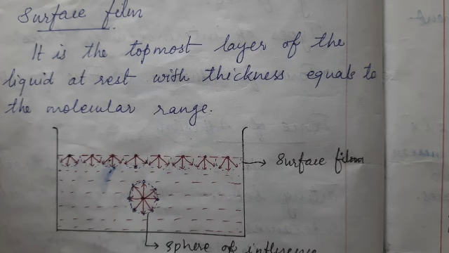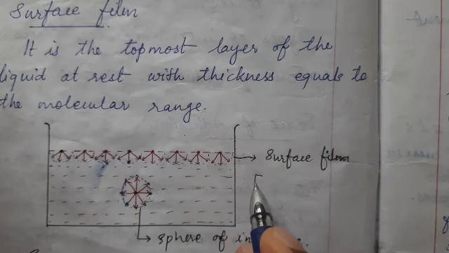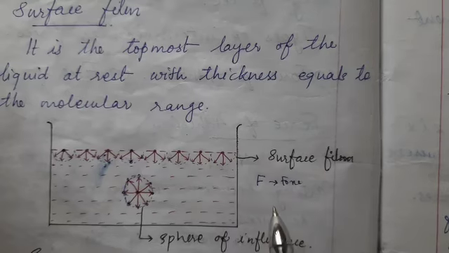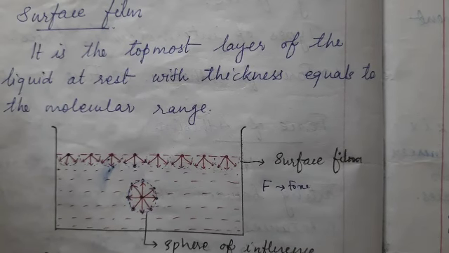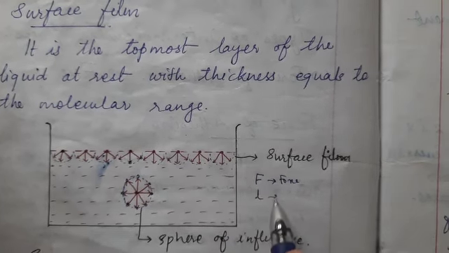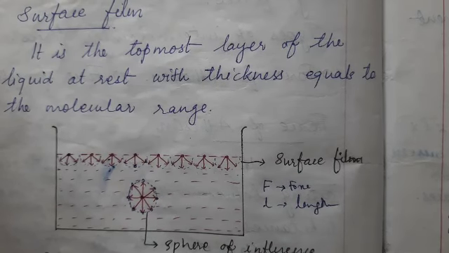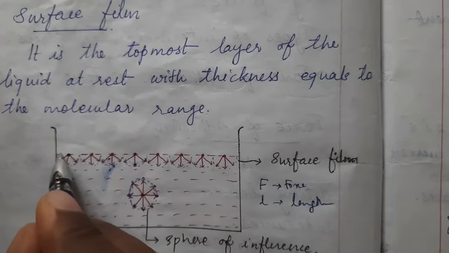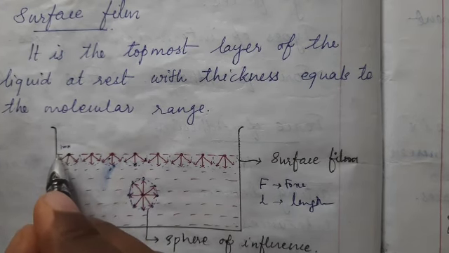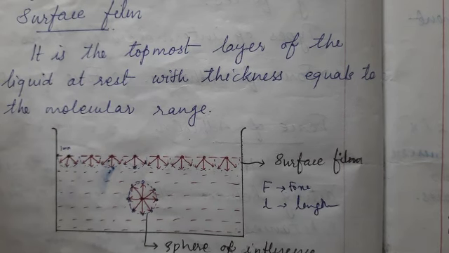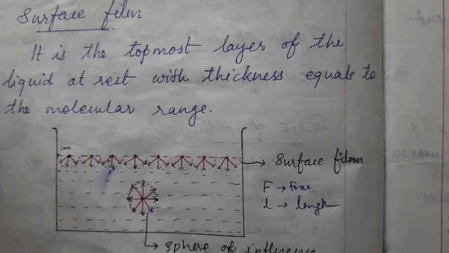How this is measured mathematically: if F stands for this surface force, and this layer has a length L, then we consider the force acting per unit length, maybe 1 millimeter or 1 centimeter, or even 1 meter as the standard. So the force acting per meter.